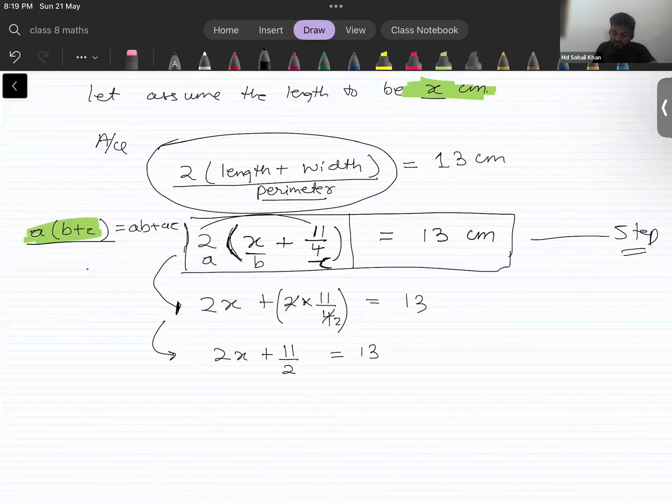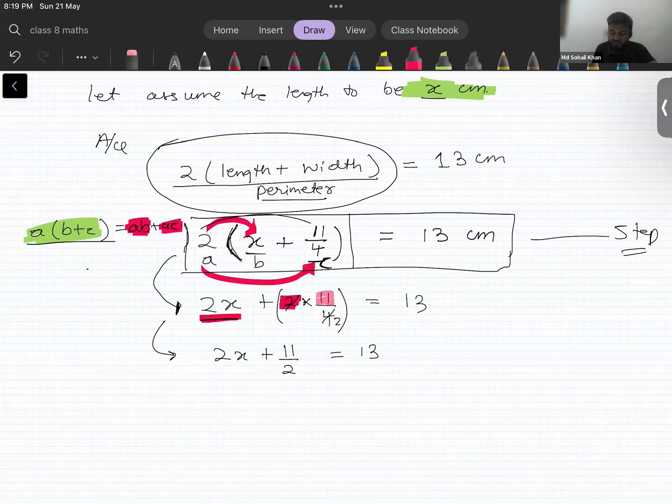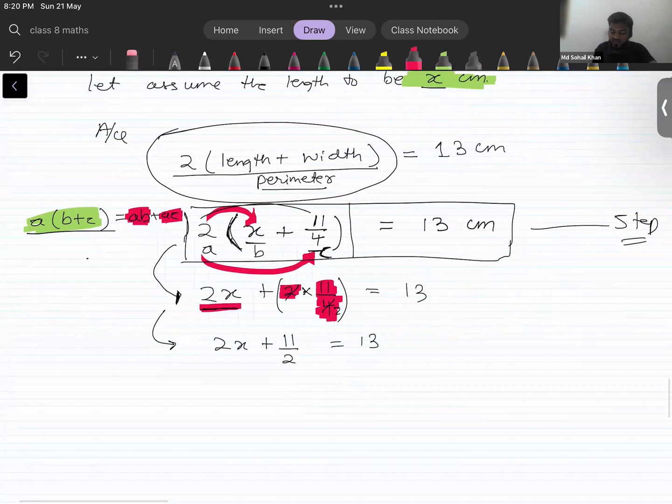So first multiply a with b, that we have written as 2x, a multiplied with x, that we have written 2x here. Now then a multiplied with c. So this a has been multiplied with c here. This 2 and this 11 upon 4, which we multiplied here. Yes, Ahmed? Yes, sir.